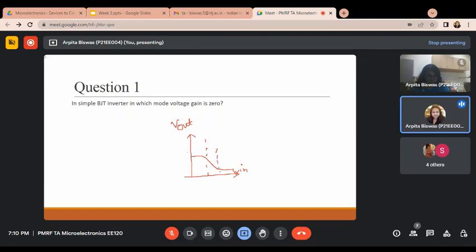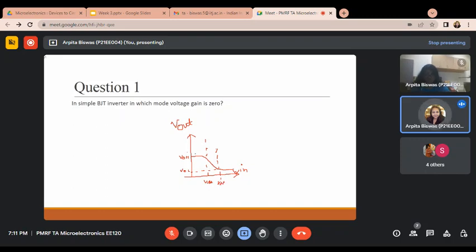Just ignore my handwriting. And this thing is V output high, and this thing is V output low, and this is V input low, and this is V input high.